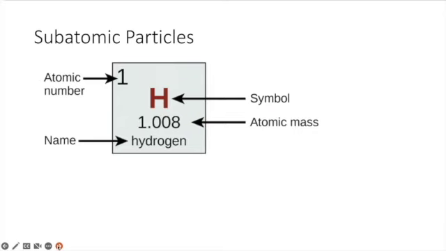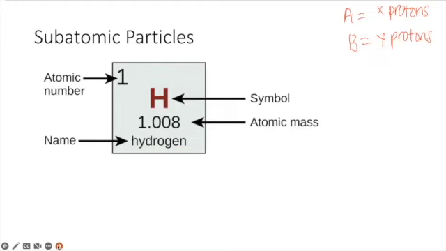Let's say we have element A. He's going to have X amount of protons, but element B is going to have Y amount of protons. And the makeup of these subatomic particles is what makes each element its own element.